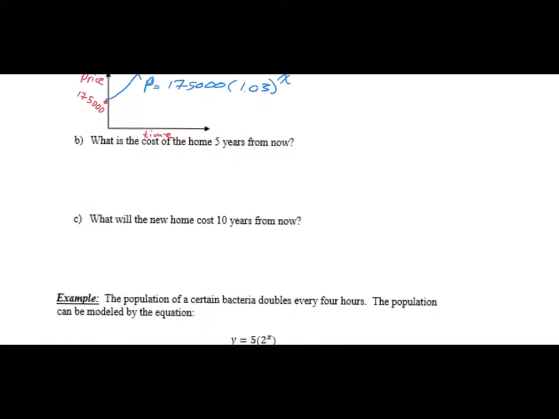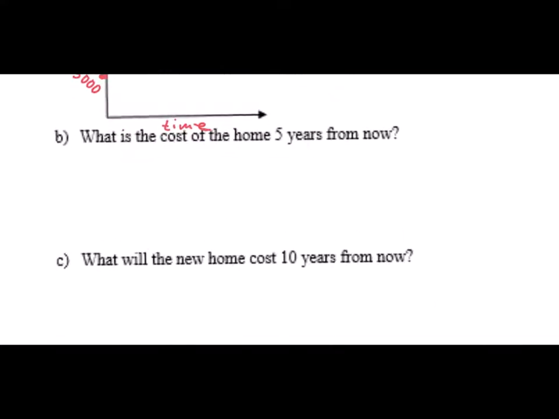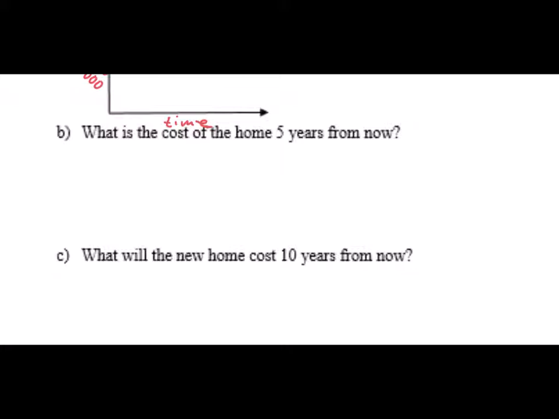The first question asks, what is the cost of the home 5 years from now? Knowing that x is the number of years in the future, x is equal to 5, and we sub that into our equation.